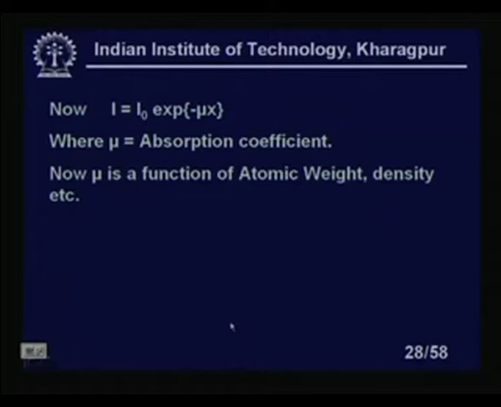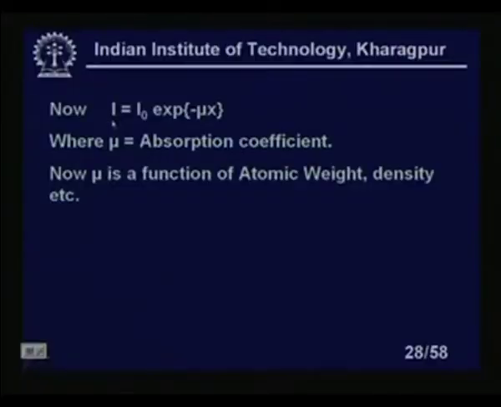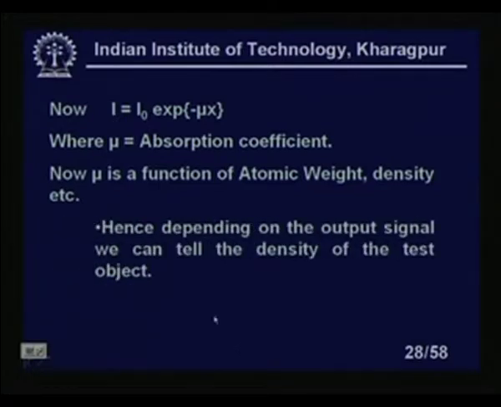Now, mu is a function of atomic weight and density, etc. Obviously, that will vary, so I will vary in this case. Hence, depending on the output signal, we can tell the density of the test object.